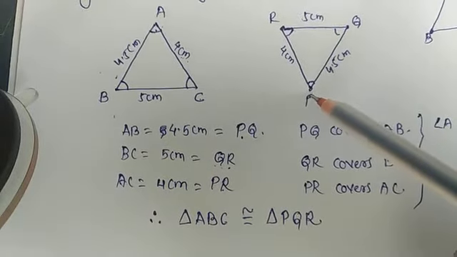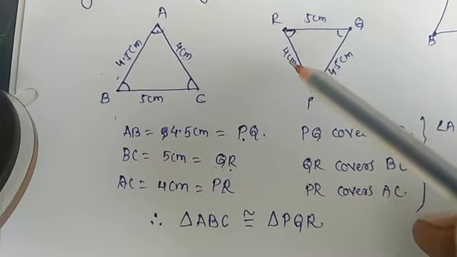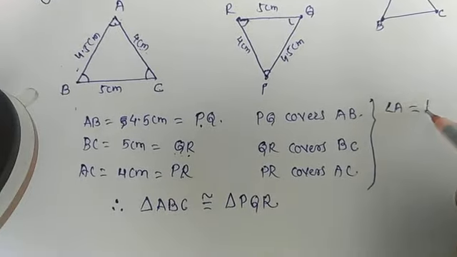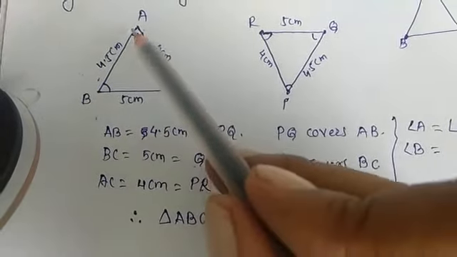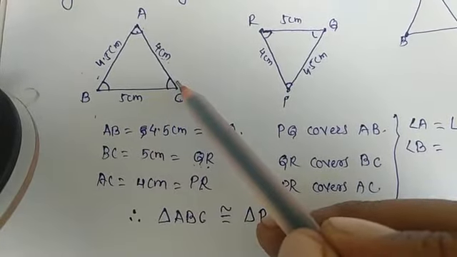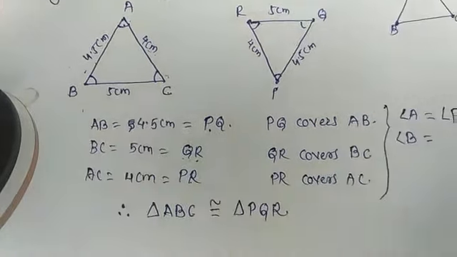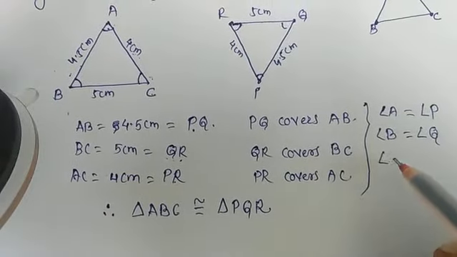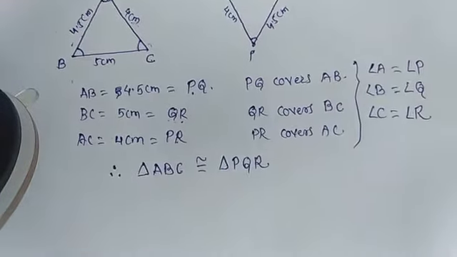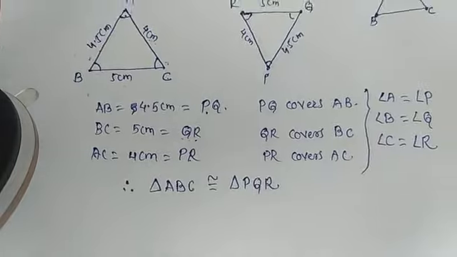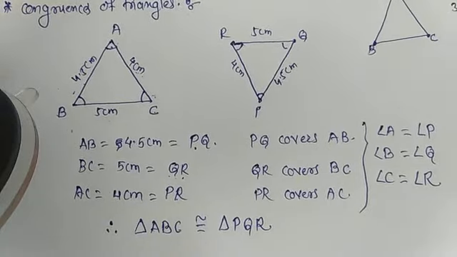So you have to check the angle between PQ and PR, which are 4.5 centimeter and 4 centimeter, so it will be angle P. Angle B will be equal to... B is between BA and BC, which are 4.5 and 5 centimeter, so that is angle Q. And angle C will be equal to the remaining angle R. So depending upon sides and angles we can check the congruence of a triangle.